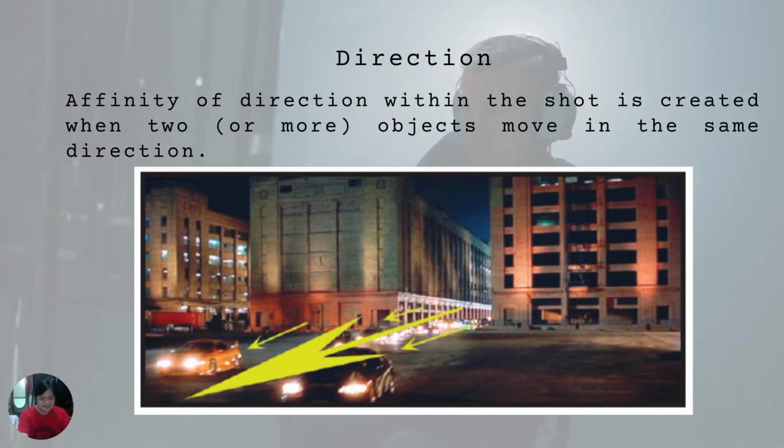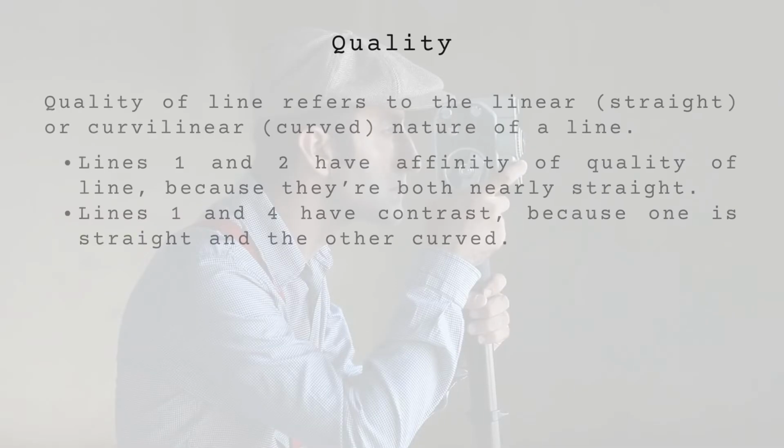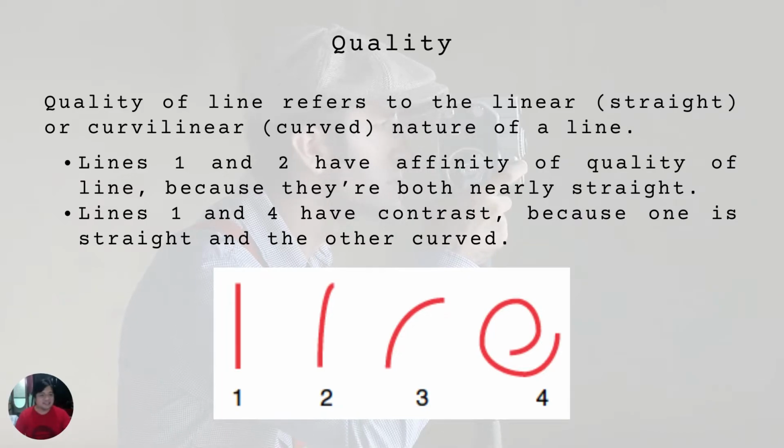Next we have quality. The quality of line refers to the linear, straight line, or curvilinear, curved line nature of lines. Now, lines 1 and 2 have affinity of quality of line because they are both nearly straight.